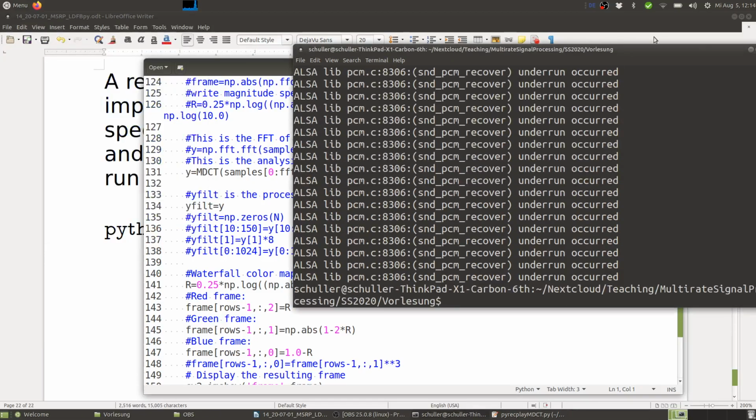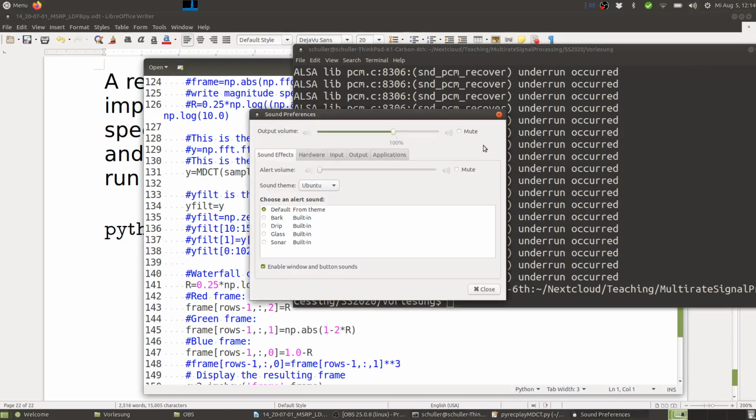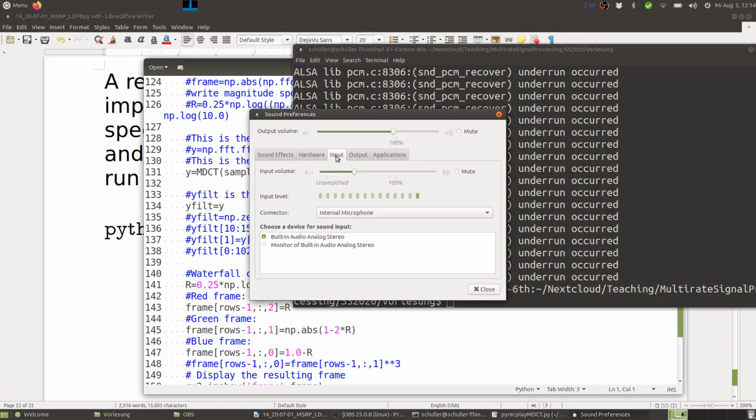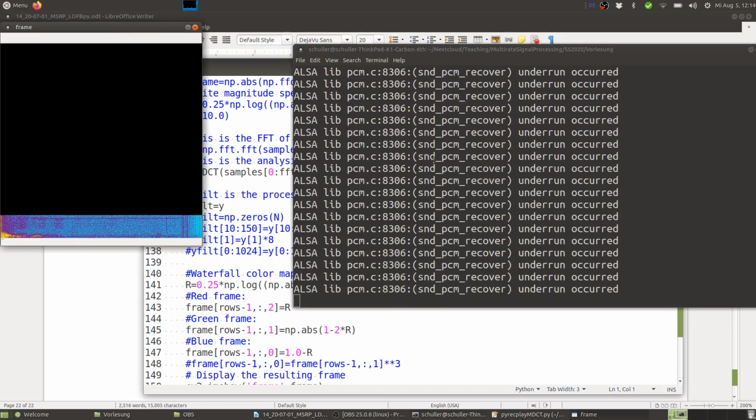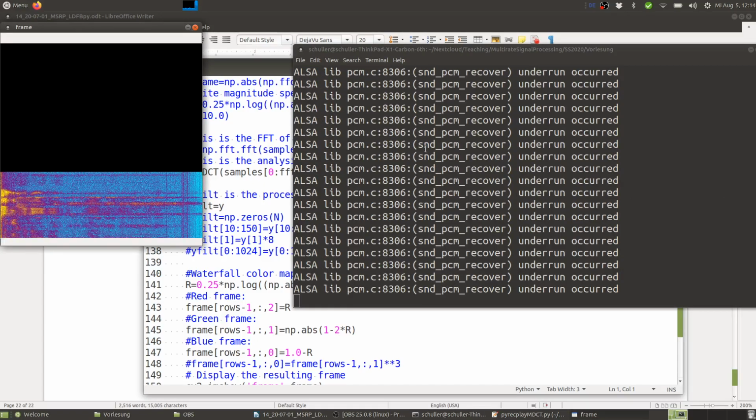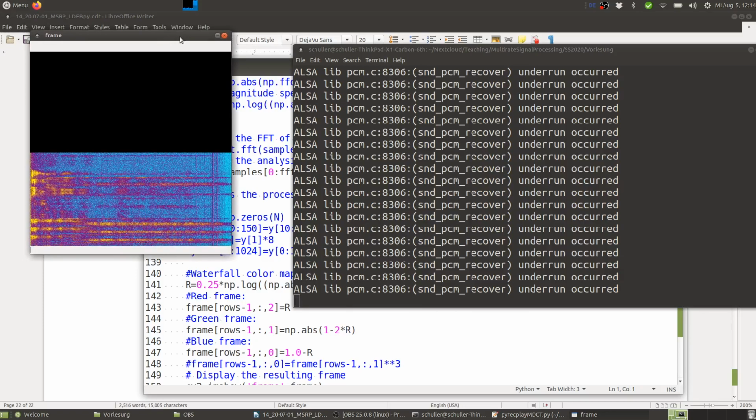And of course it's too loud. So let me go to the sound settings, input, and maybe reduce the input somewhat. 1, 2, 3. Yeah, that seems to be better. Test. Yeah, so this works better.